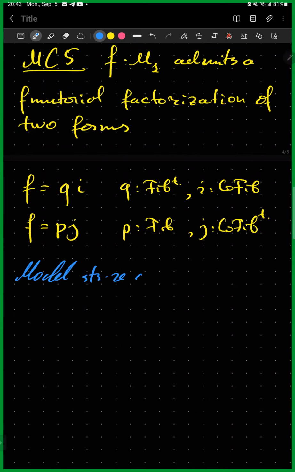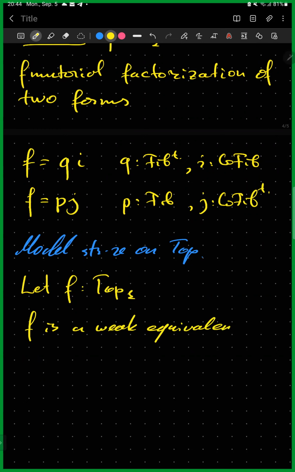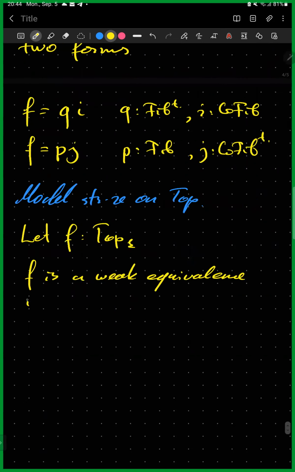So let F be a morphism in the category of topological spaces. And we say that F is a weak equivalence if it is an isomorphism on homotopy groups.